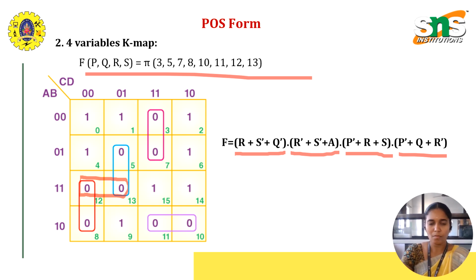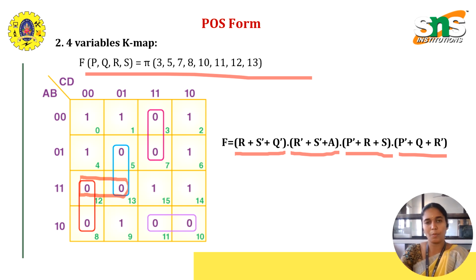Likewise, we get the simplified Boolean expression in the POS form as R plus S bar plus Q bar, and R bar plus S bar plus A, and P bar plus R bar, R plus S, and P bar plus Q R. These are all the output functions of this 4 variable K-map.